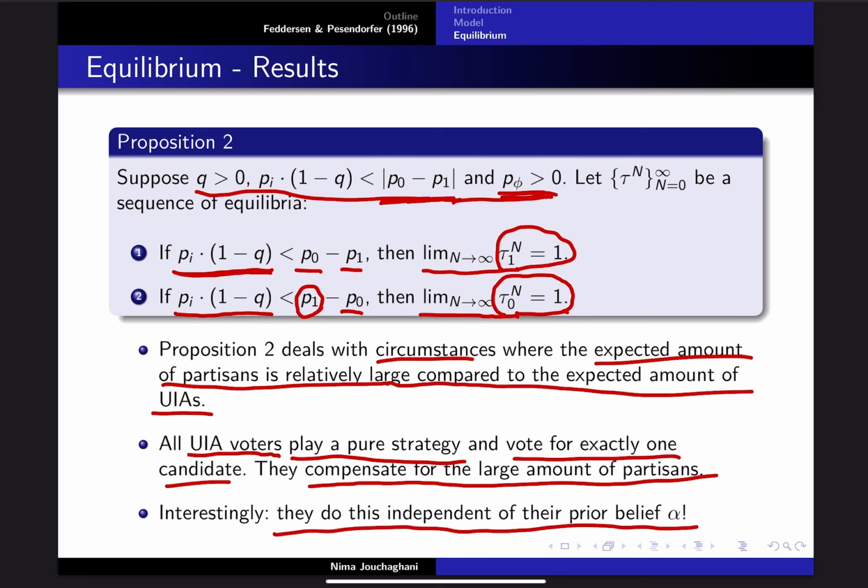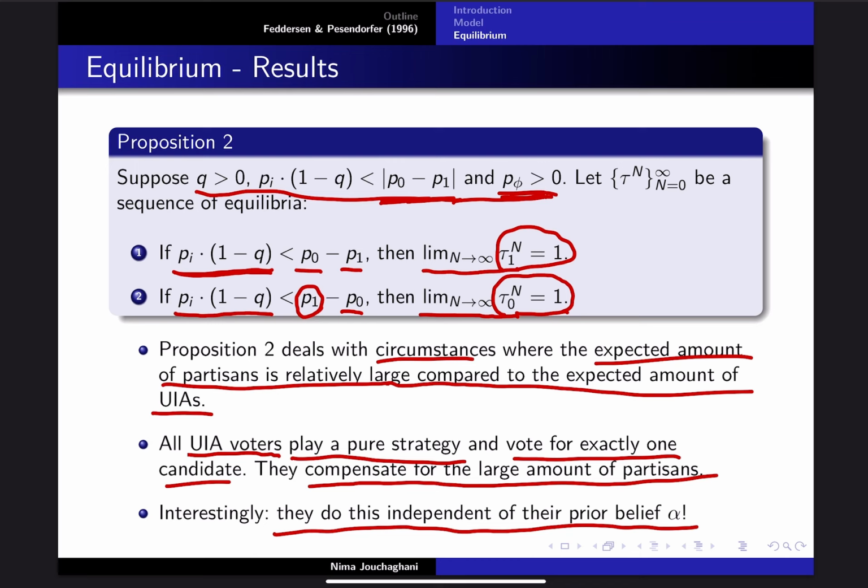So if alpha is very close to 1, it means that the uninformed independent agents believe with a very high likelihood that the state is 0. And do not forget that nature is drawing the state according to this belief. So they are correct with their belief. So if the belief is very close to 1, it means that actually nature, with a high likelihood, has drawn state 0.